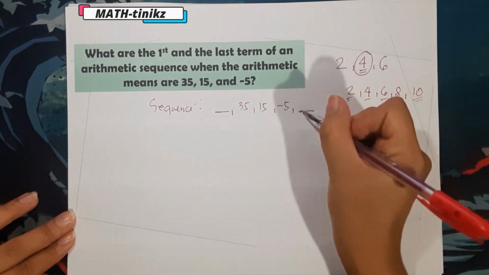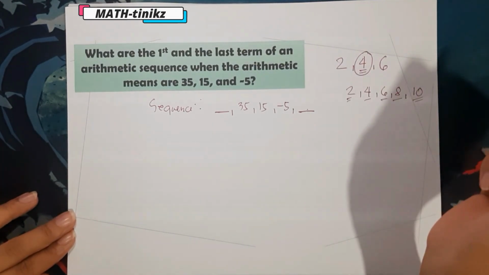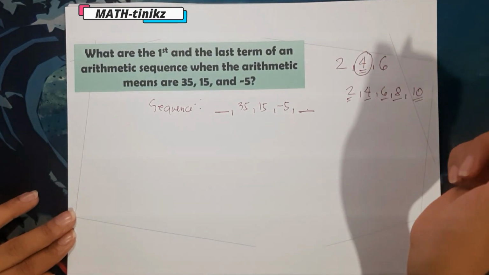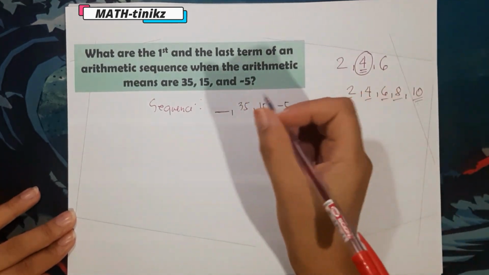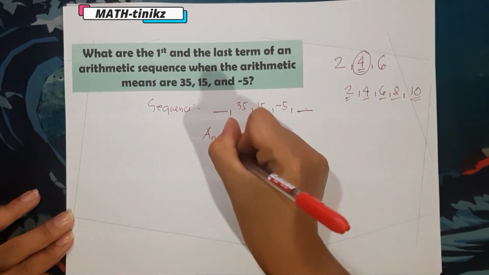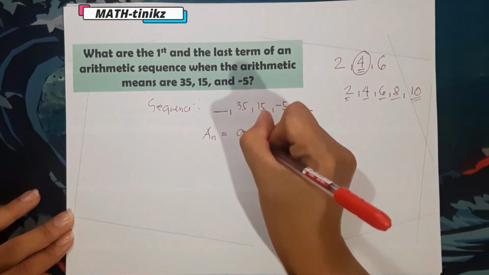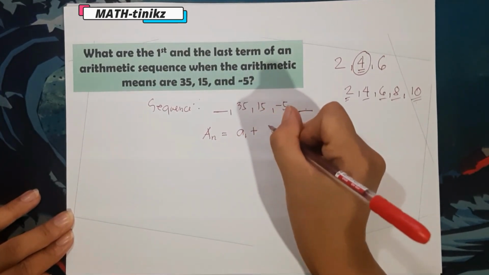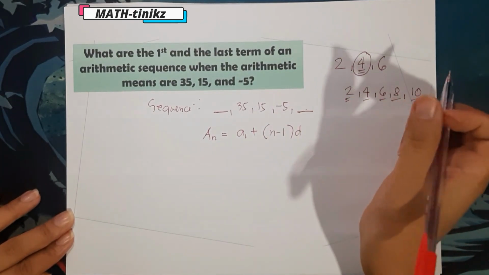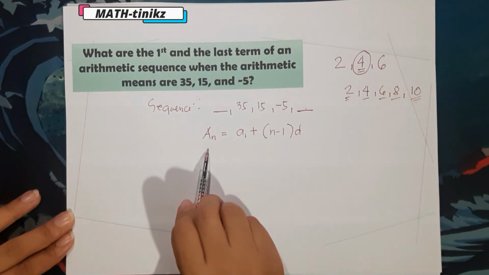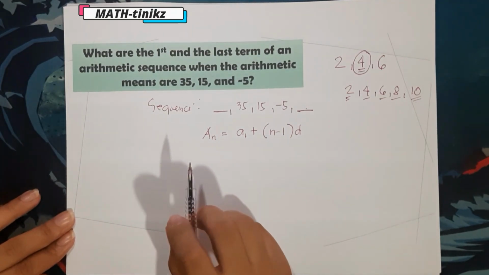Para malaman natin, gagamitin natin ang formula ng arithmetic sequence. The formula for the arithmetic sequence, a sub n equals a sub 1 plus the quantity of n minus 1 times the common difference. A sub n is the last term.